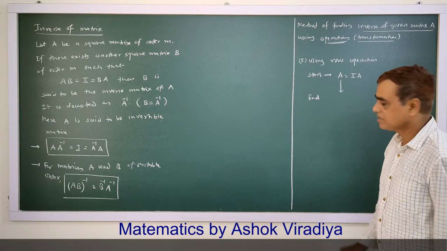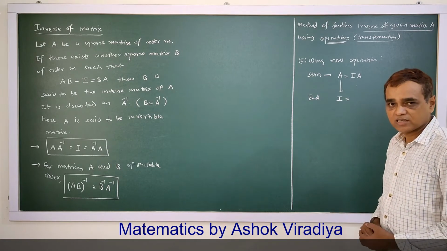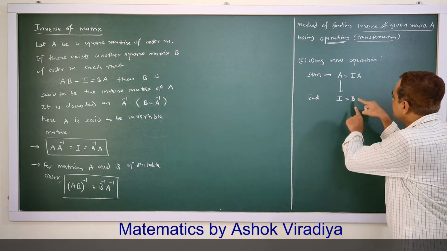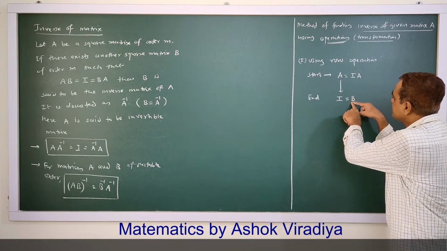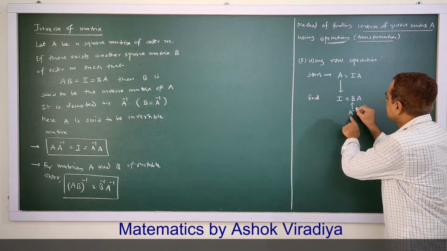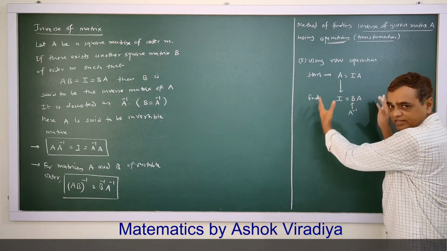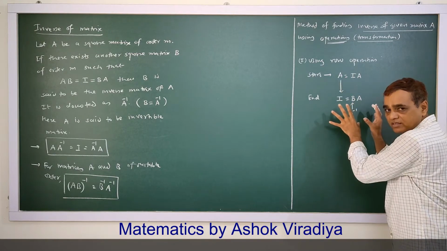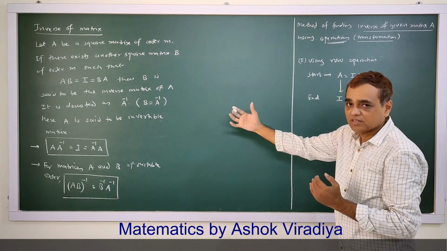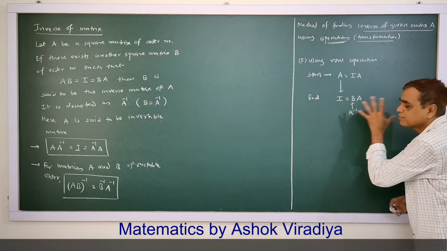Last step will be on the left side. Here we will convert A into I, and here something will be derived. I will be replaced by B into A. So this will be A inverse. See, you will not be able to understand whatever I am speaking here. This can be understood in example. So when I explain example, you will be able to understand this procedure.